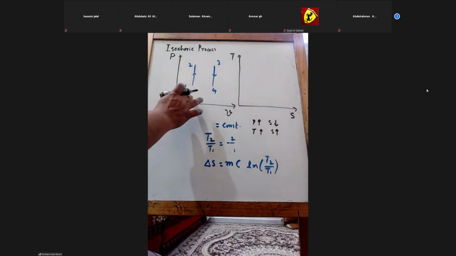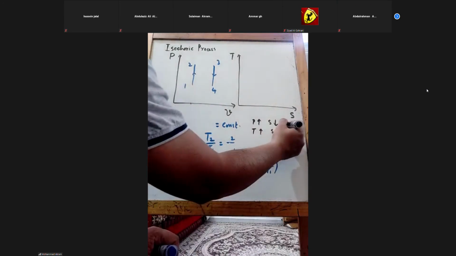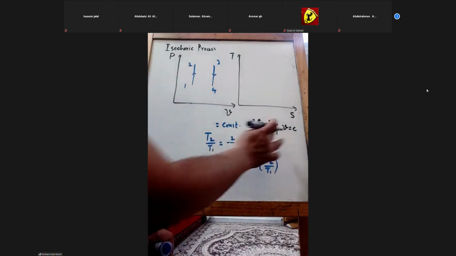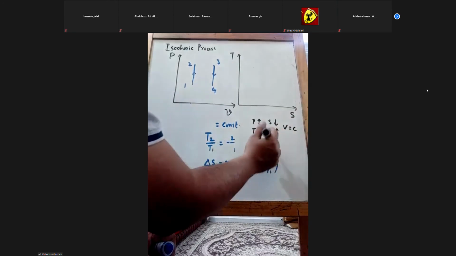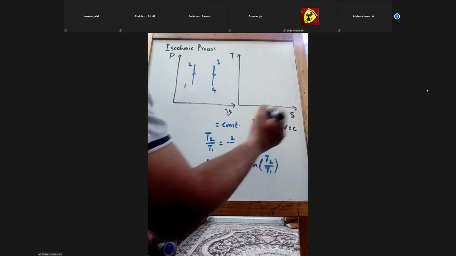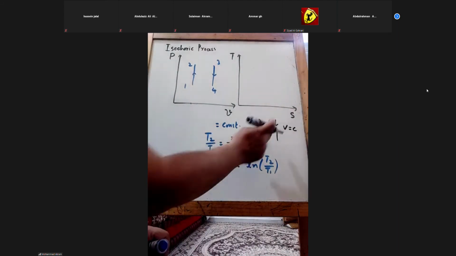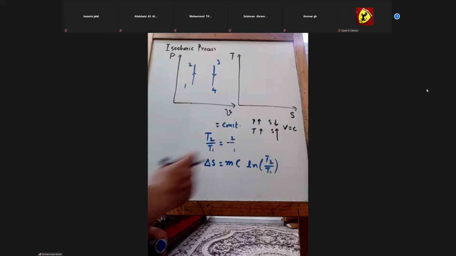No, it will increase. If volume is kept constant, then the effect of temperature will be dominant. That's why I gave you a longer line. So the effect of temperature on entropy will be high if volume is constant.